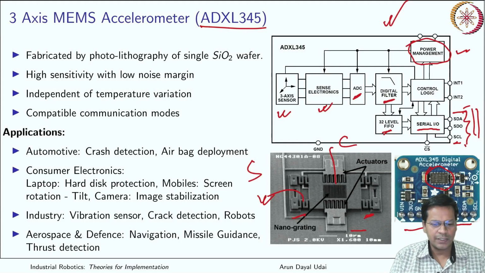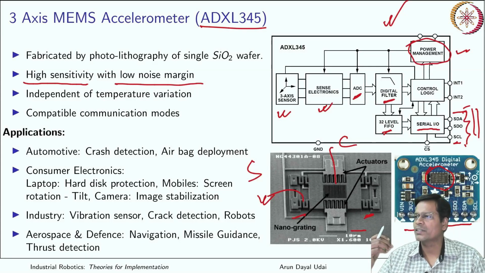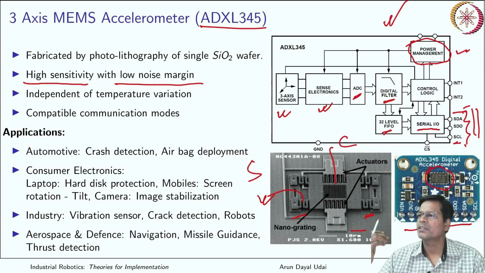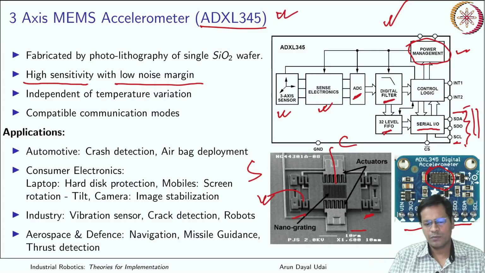So it is very highly sensitive and it has a low noise margin, so not much noise it can accommodate. But there are sensors which can measure up to 6G of acceleration, 6G, 3G, 2G, depending on different types of ADXL devices, or this type of accelerometer, you have different capacity.